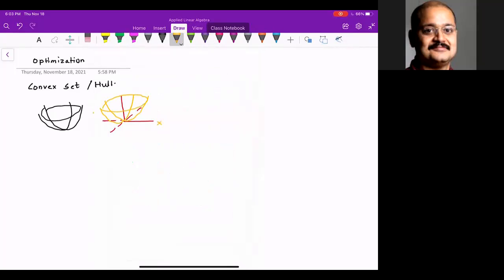So you have X, you have Y, and if you look from the top on the XY plane, you are going to get circles. Now, instead of just two variables, X and Y, if you have 3, 4, 5, 6 variables, you are going to get something like a bowl, but that shape we can't draw in a three-dimensional figure. So that's why it's called the convex hull.